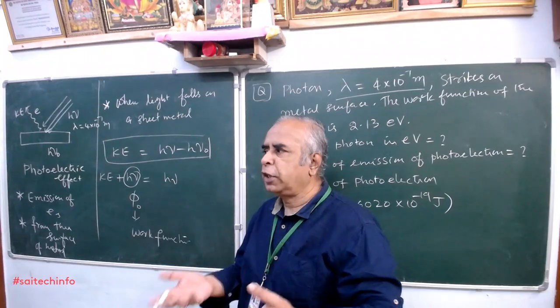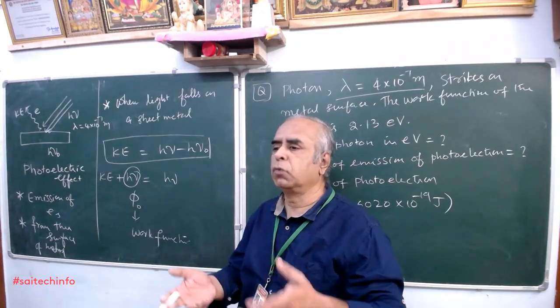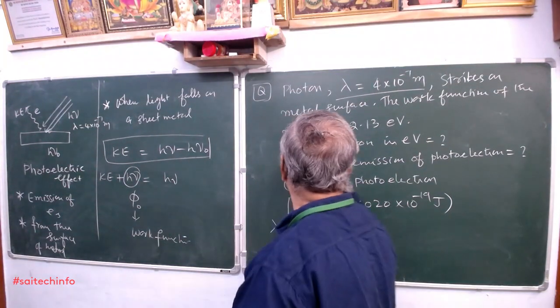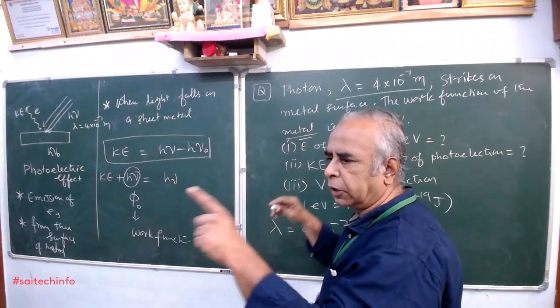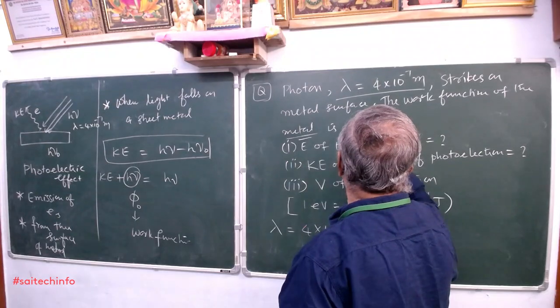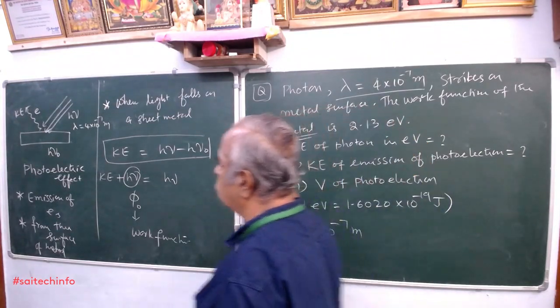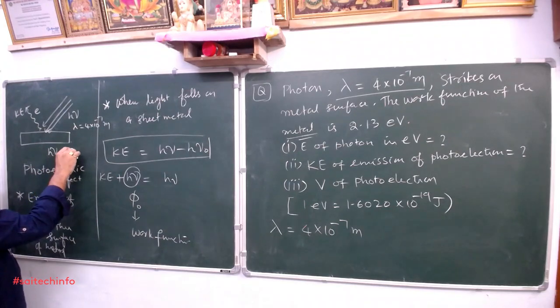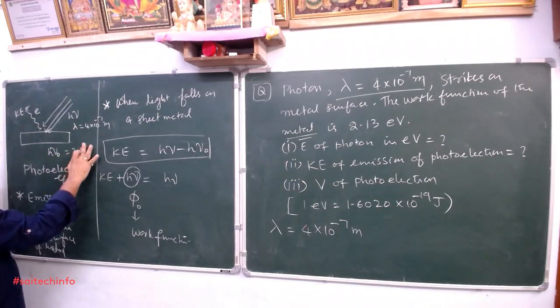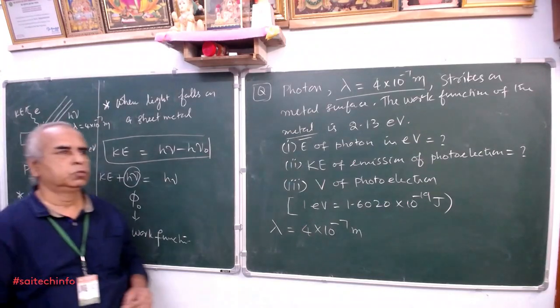If you use different types of metal, you will have different work functions. That is why it is clearly given: the work function of that particular metal is 2.13 electron volt. So this energy is 2.13 electron volt. Okay, got it?